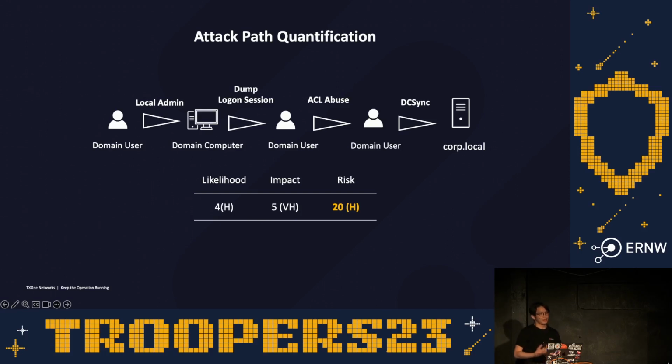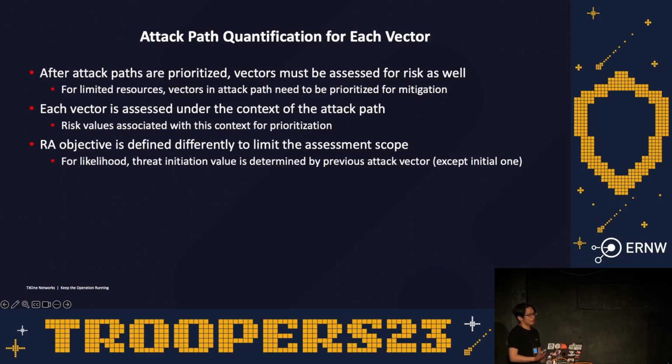This path is already prioritized, but which vector should we work on first? So after the risk assessment for the attack path, we will also want to do the assessment for each vector as well.